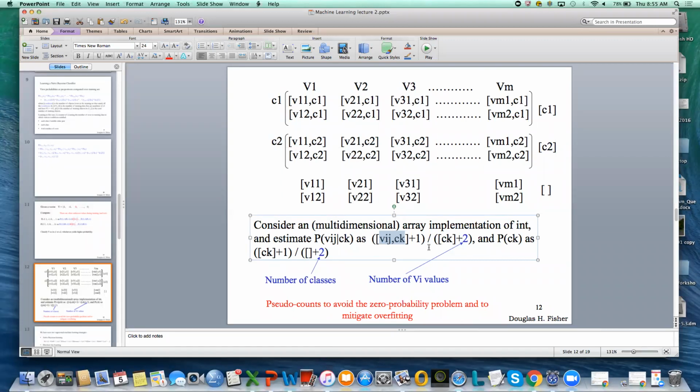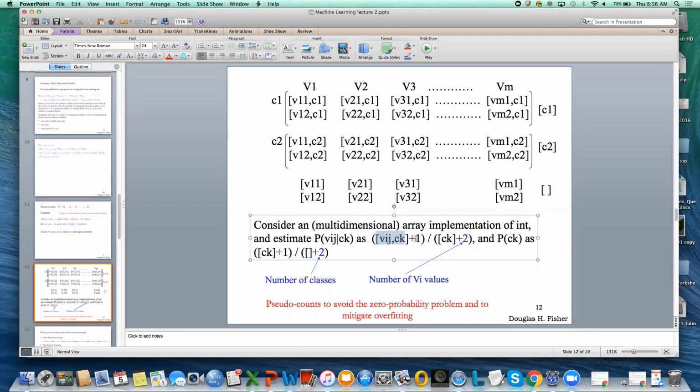And if you don't know anything else about the data, that makes some sense. If you've only got two options, saying that the probability of this given this, Vij given Ck, is 1/2, and the probability of some other combination of Vij given Ck is also 1/2, and this is in the case of binary value classes, or 1/3, or 1/4, depending on what the number of classes are and the number of values are.